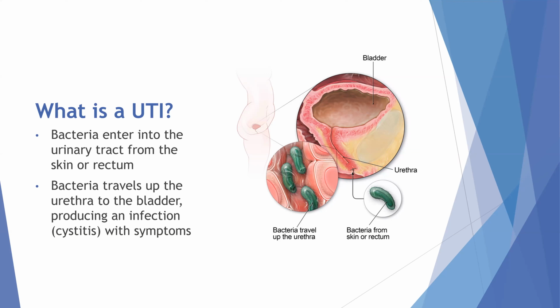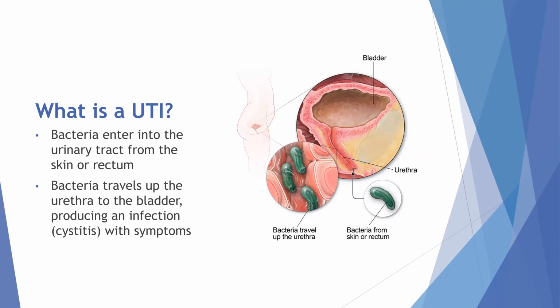The infections can affect several parts of the system, but the most common is a bladder infection, which we'll talk about later on during this presentation. The most common way for bacteria to enter the urinary tract is by feces from the rectum finding its way into the urethra, which can typically occur when someone improperly wipes their perianal area. Again, we'll go over that later on in this presentation.